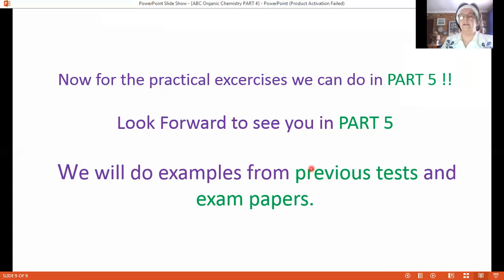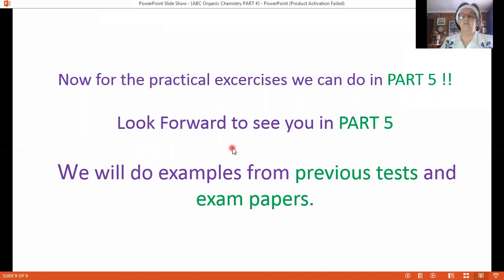We'll have to recognize the root word, the essence of the structure, and we recognize the suffix as part of the functional group. So in part 5, we're going to conclude everything.